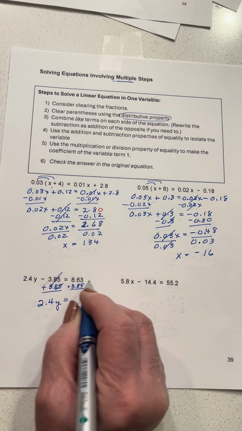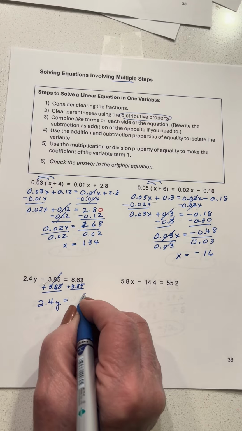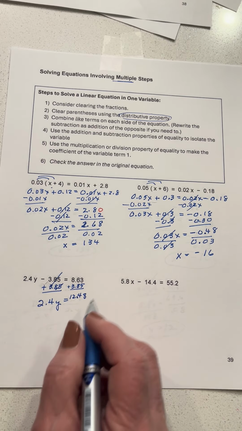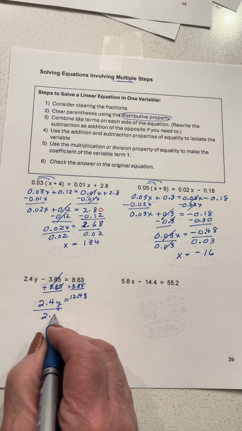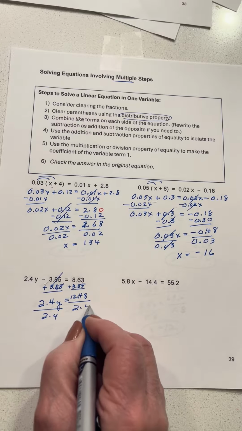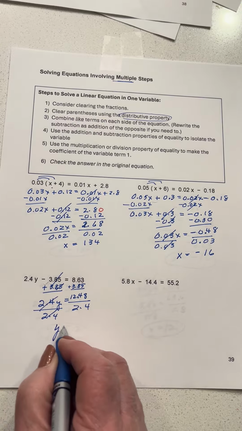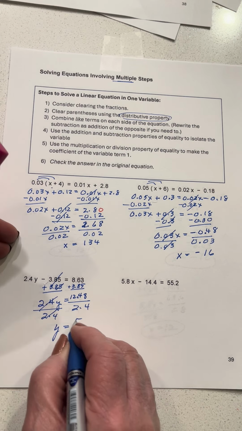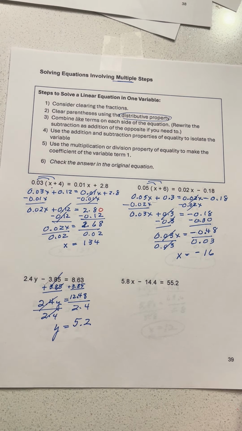I'm left with that on the left, and 12 and 48/100 on the right, and now I'm going to divide both sides by 2 and 4/10. So those are gone. Y is equal to 12 and 48/100 divided by 2 and 4/10. My calculator's doing all the work for me. And y is equal to 5 and 2/10.